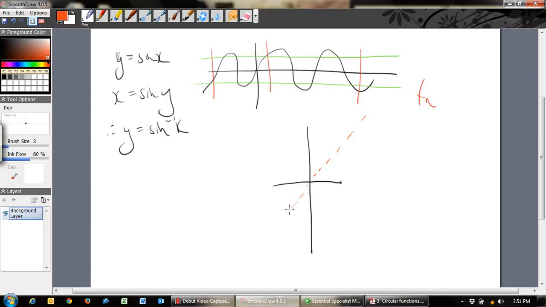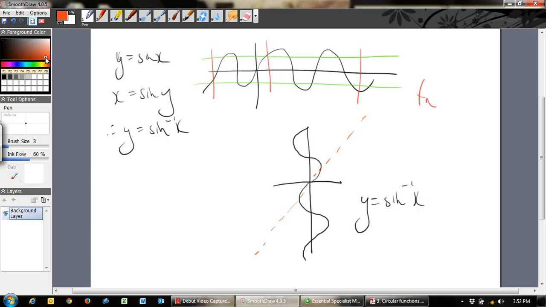So if you've got this line y equals x on your axis here, it just flips it all together. Let me try and draw it the best I can. It goes up and down like this sort of thing, and that is what y equals sine negative 1 x looks like.